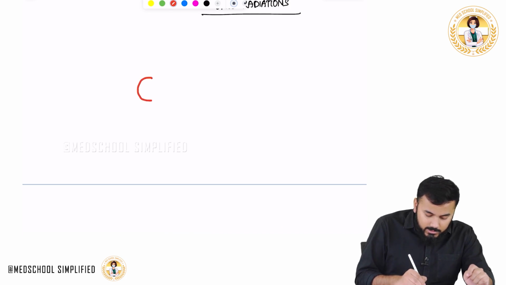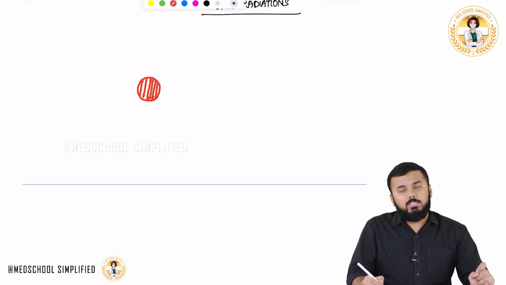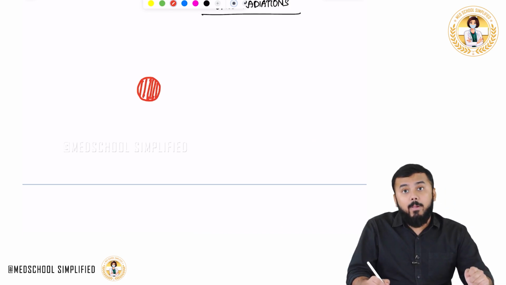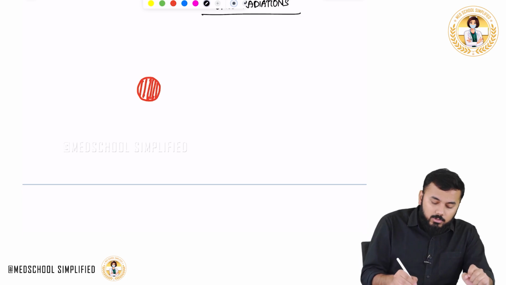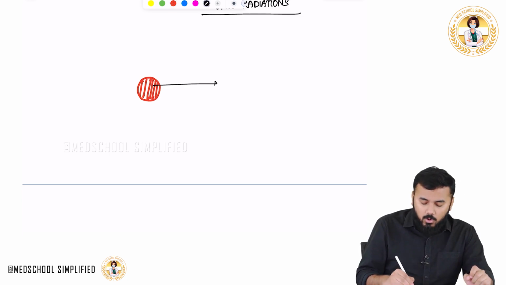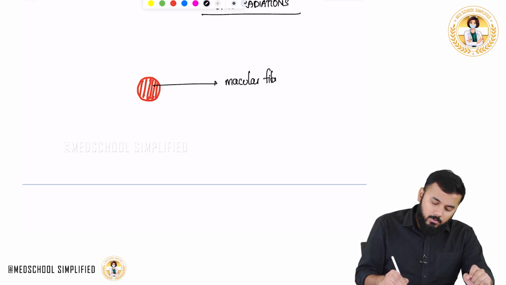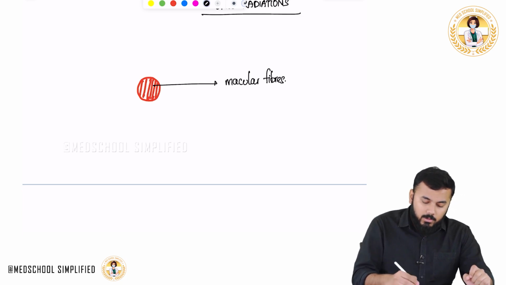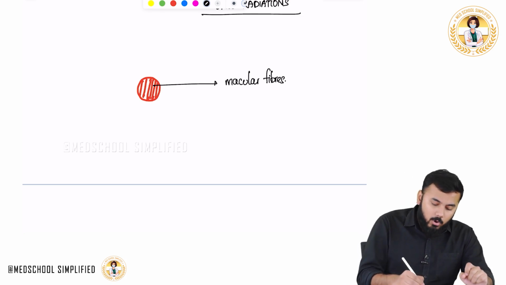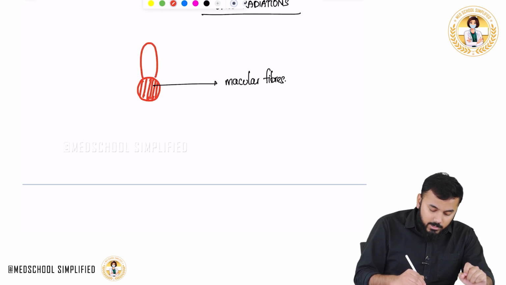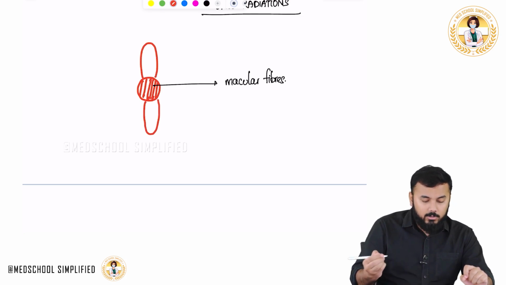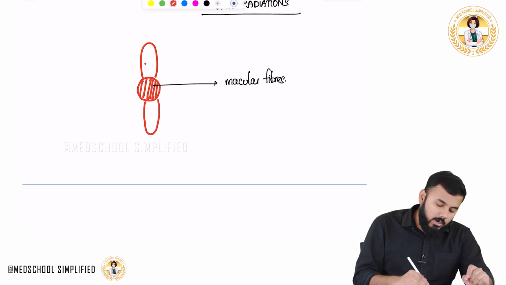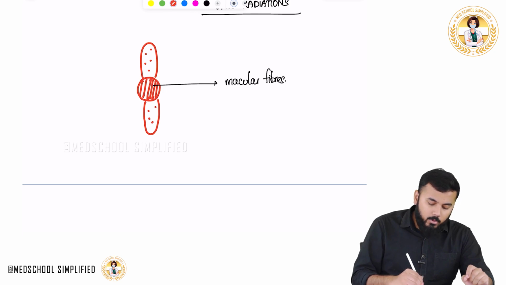For example, in the center, you have a structure like this. This group of structures located in the center is called the macular fibers. Next important thing is that above these macular fibers you have another group of fibers like this, and below these macular fibers also you have another group of fibers. What are these fibers located above and below?